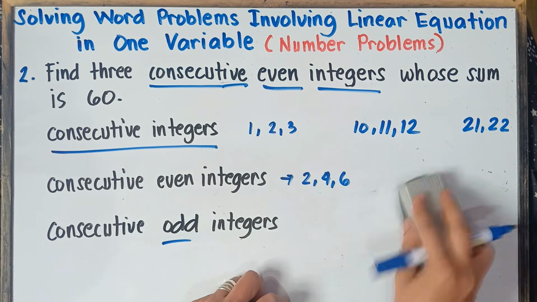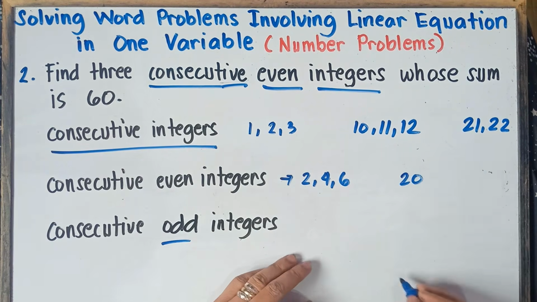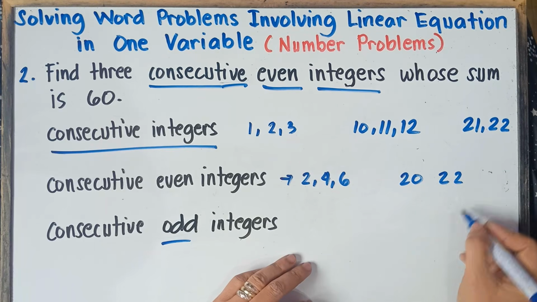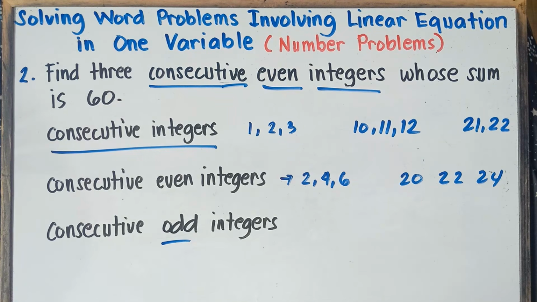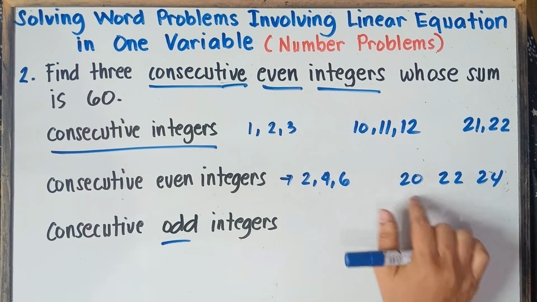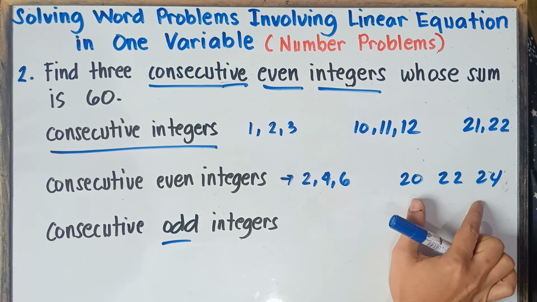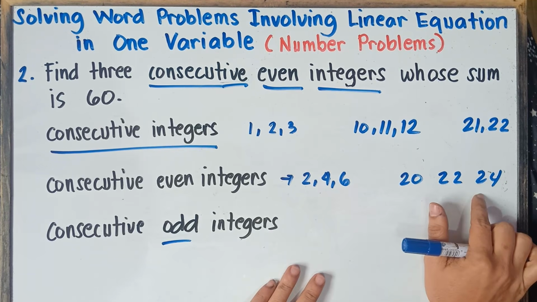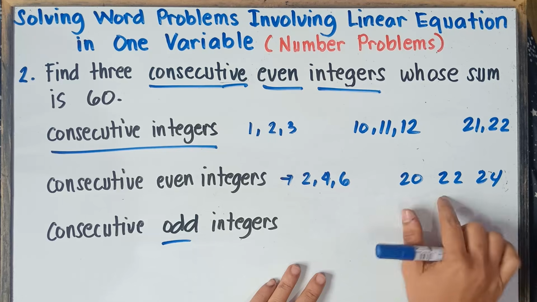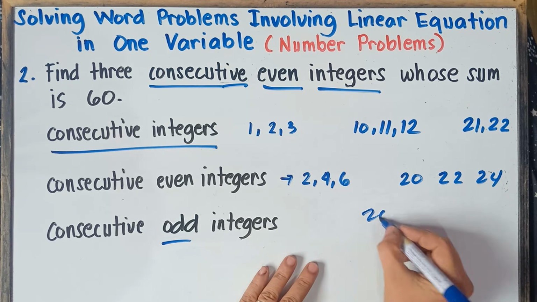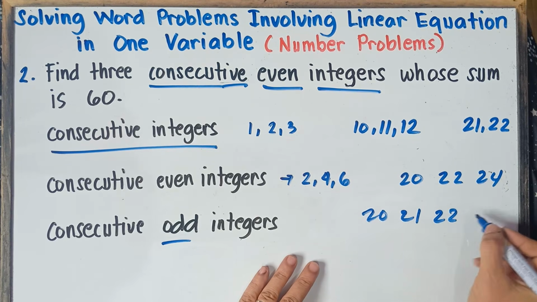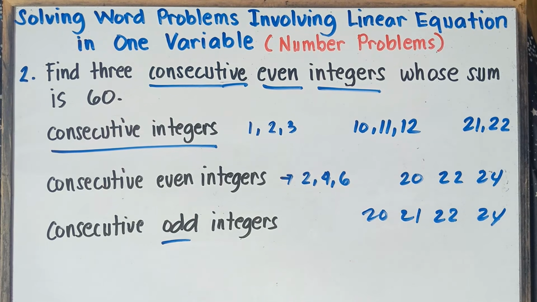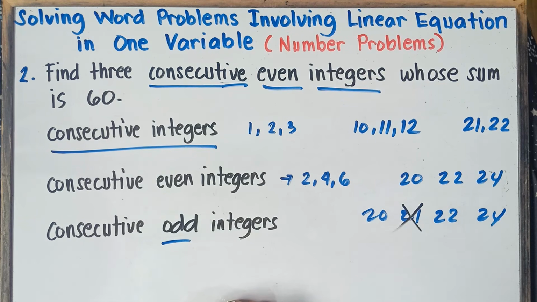Another example. If I say 20, 22, 24, can you call that consecutive even integers? Yup. Because 20 is an even number, 22 is an even number, 24 is an even number, and they are consecutive. So you cannot have 20, 21, 22, and then 24. Nope. That's a big problem because I'm sure you will commit a mistake. 21 is not an even number.